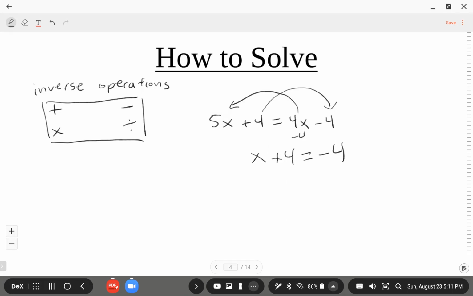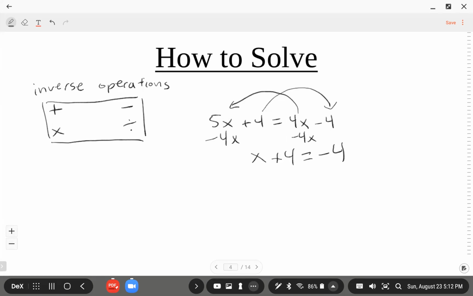So to cancel out 4x, we need to subtract 4x on the right-hand side. And then to keep it equal, we need to subtract 4x on the left-hand side too. So that is how we use inverse operations to simplify this equation.